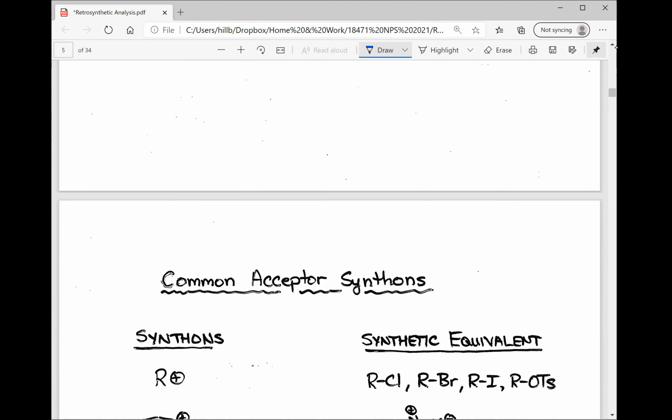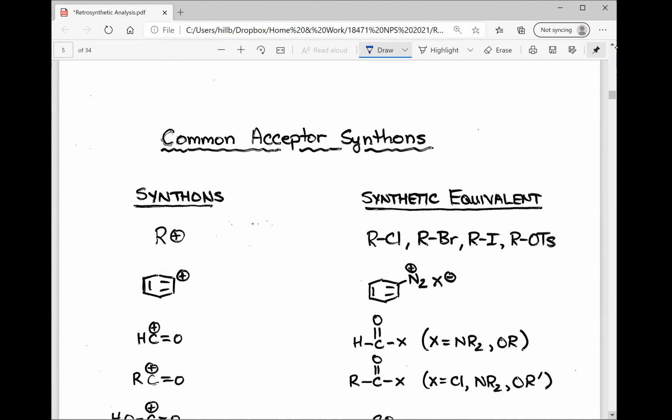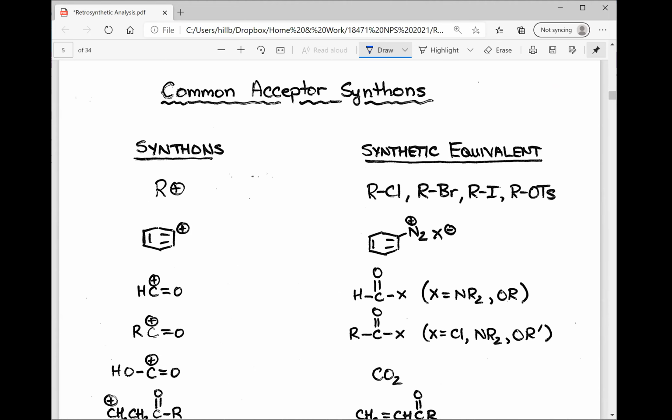Okay, well then, here is a list of some of the acceptor synthons. For our plus, you basically just attach a leaving group to it: chlorine, bromine, iodine, tosylate. We didn't really see this much, the phenyl group with a positive charge.